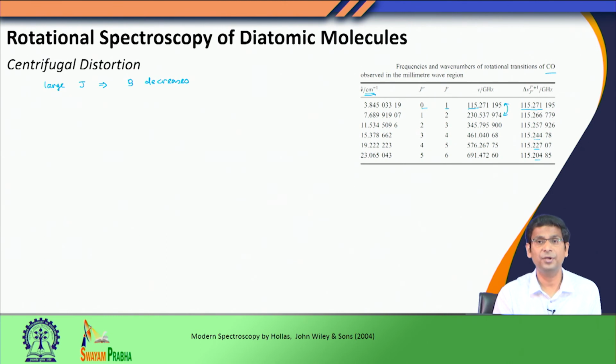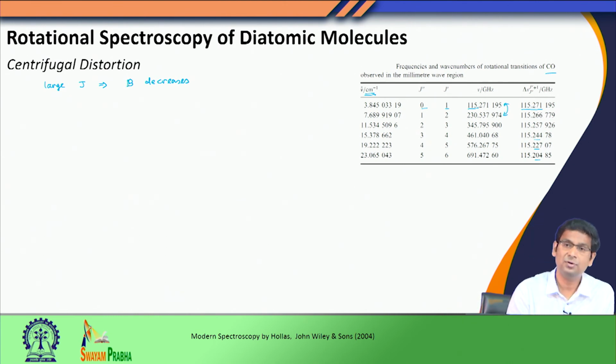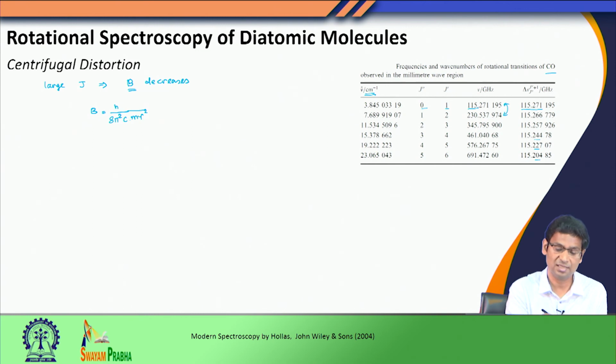What do I mean by B value? B value is the spacing between two lines. And why is B value important? Because in rotational spectroscopy, B is given as h divided by 8 pi square c, multiplied by the moment of inertia, and in this case I am writing the moment of inertia as m r square. M is the effective mass, and r is the bond distance in the case of a diatomic molecule.